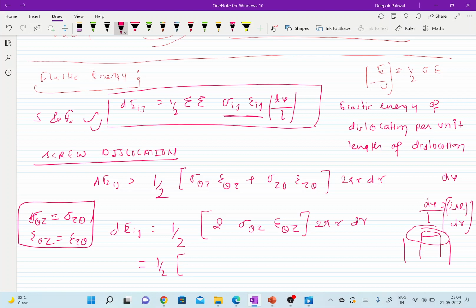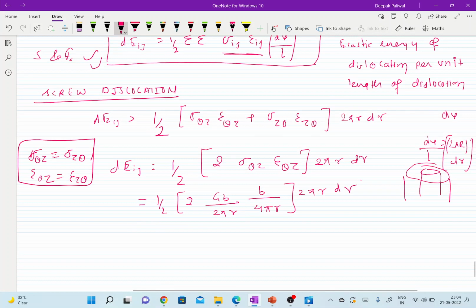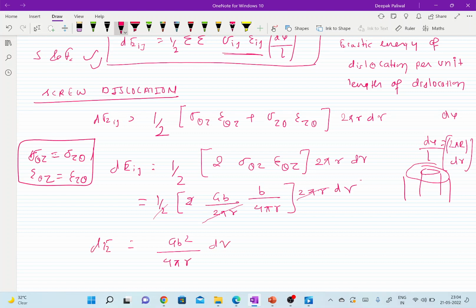Now let me put in the value of sigma theta z, which we have already calculated in the previous lecture, Gb by 2 pi r, and epsilon theta z is b by 4 pi r, times 2 pi r dr. Let me simplify it further. The 2 cancels, and 2 pi r is cancelled with 2 pi r, so it becomes G b square by 4 pi dr by r, dE elastic.